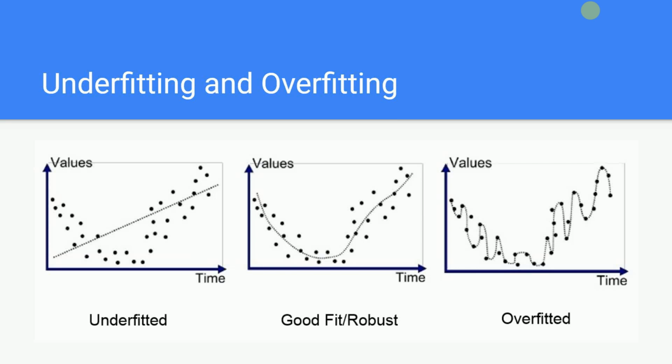Any other questions? Yep. Sorry, can you explain again why... Sure. Let's actually draw this on the board. If you imagine here you have your time and values, and let's say you have the data that your model's trying to learn, so you have something like this, and your model might fit like this.